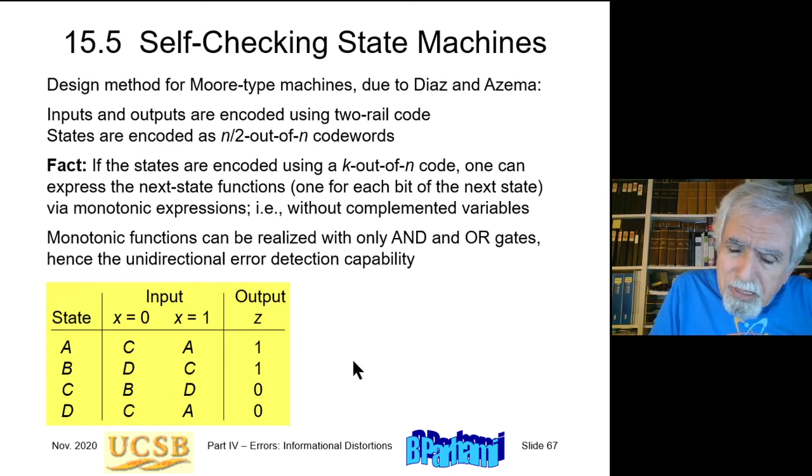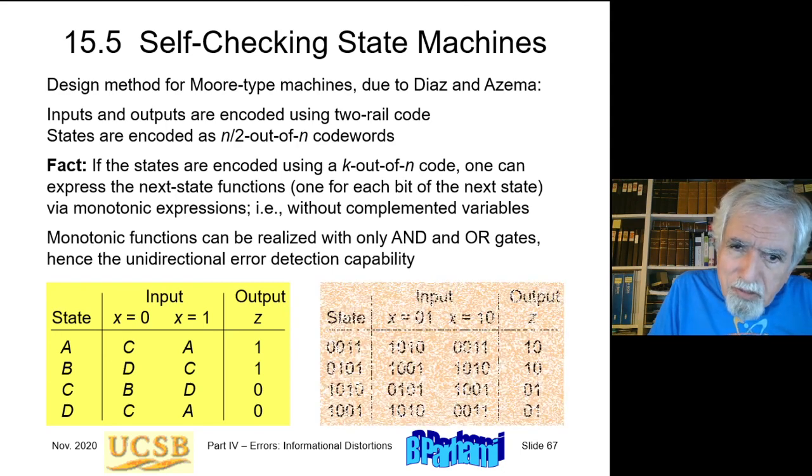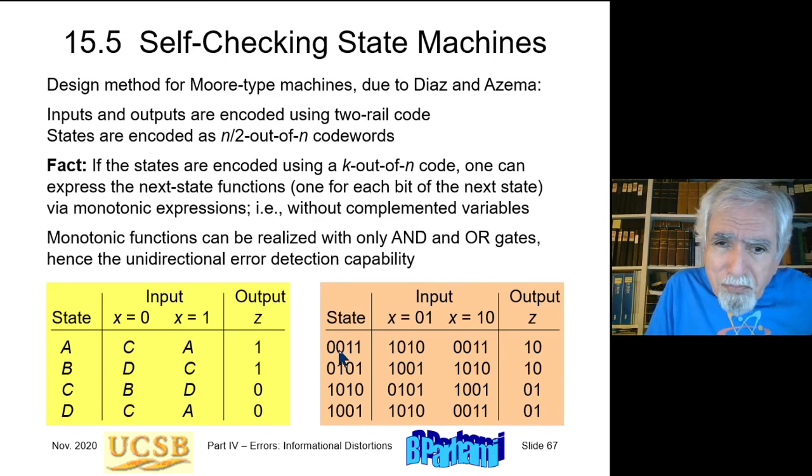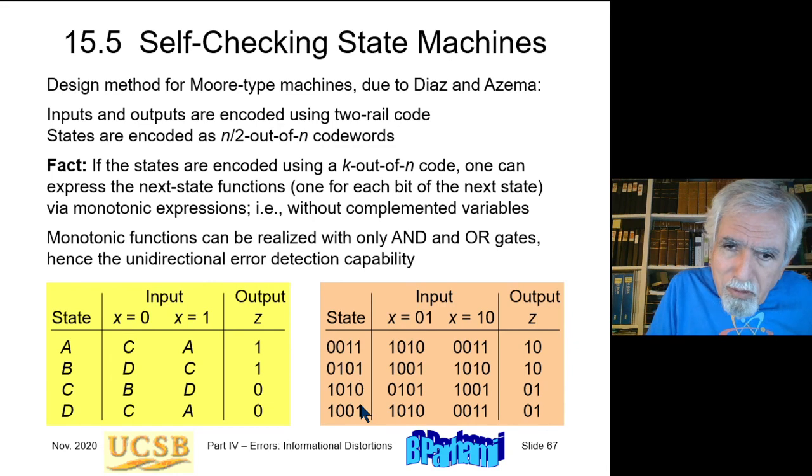In order to design a self-checking version of this, there is one strategy. There are other strategies too. I encode the state using, in this case, a 2 out of 4 code, a constant weight code. So A is encoded as 0011, B as 0101, and so on.